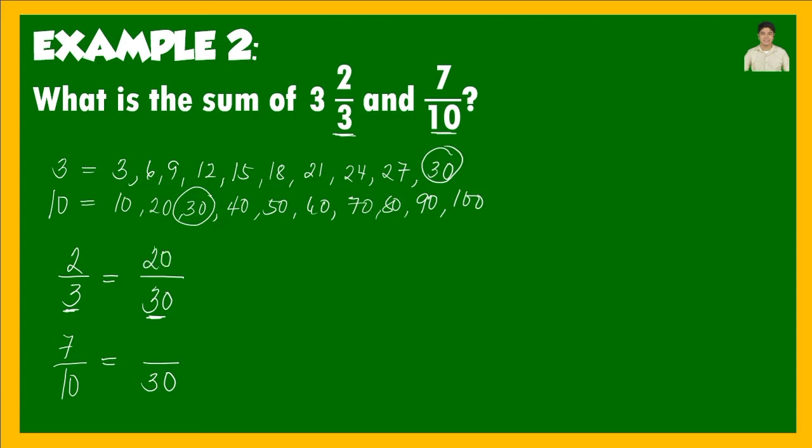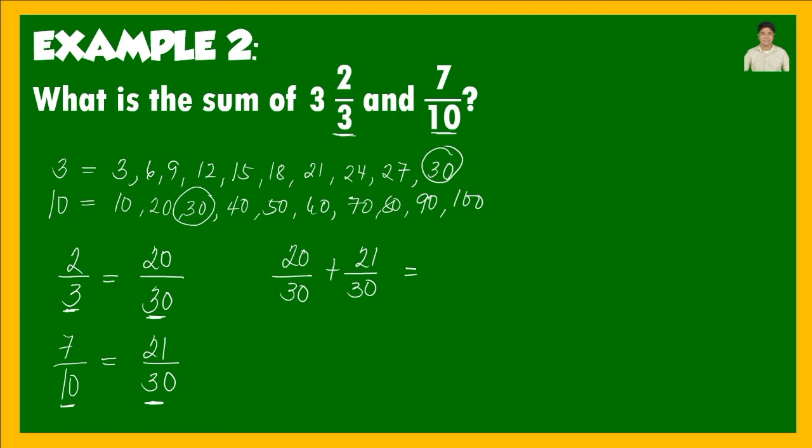Doon sa ibaba naman, 30 divided by 10, that is 3. Times 7, we have 21. So, sulat lang natin dito para mas makita nyo. 20/30 plus 21/30.